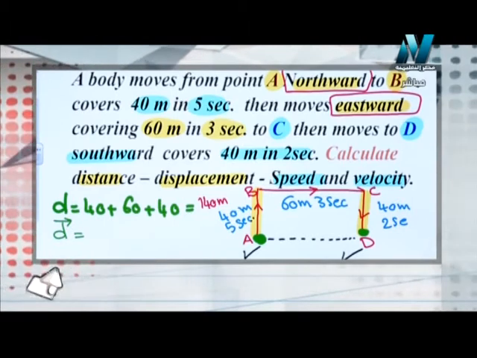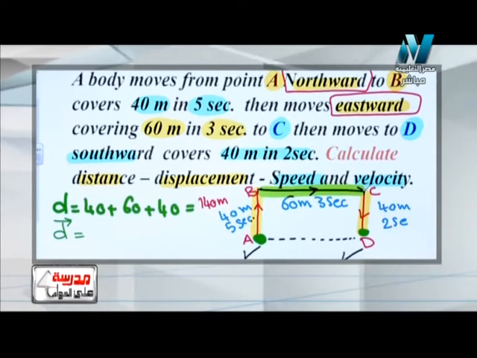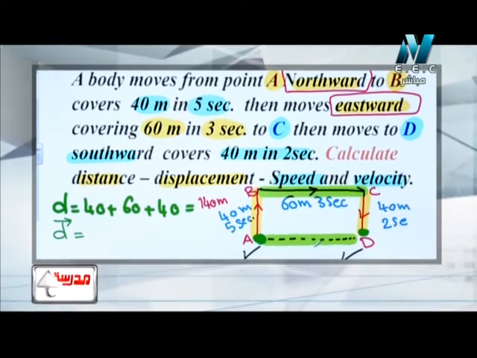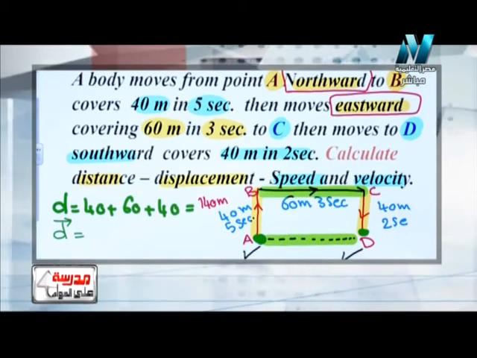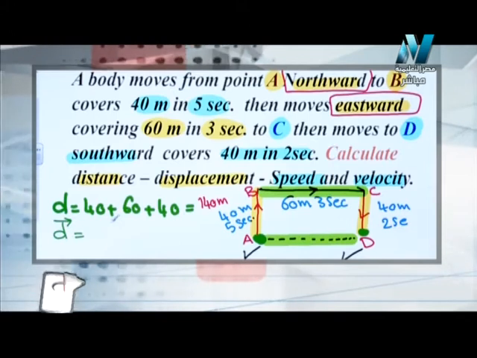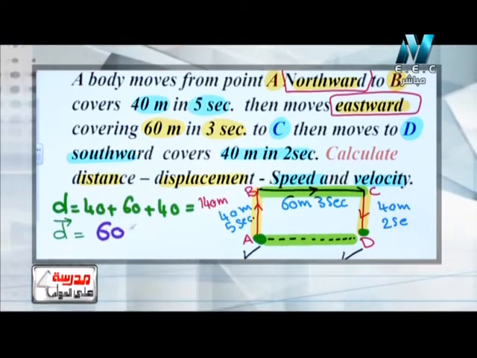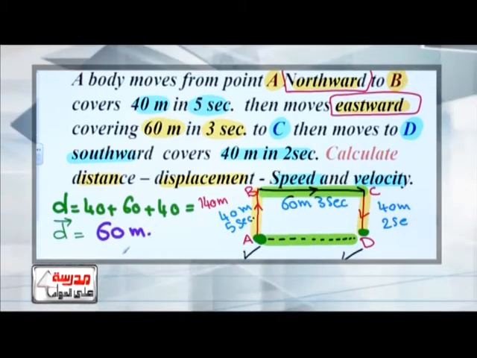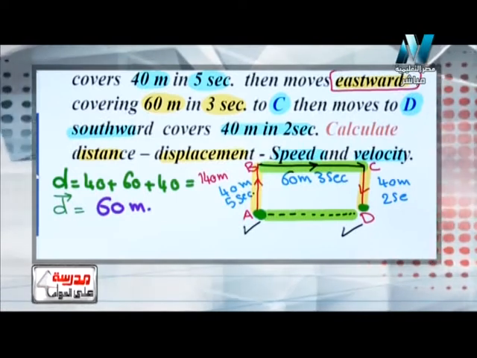So BC equals 60 meters, so AD equals 60 meters, as we studied before in geometry. So displacement equals 60 meters. We have a great difference between distance and displacement.